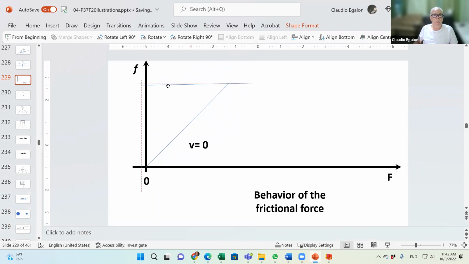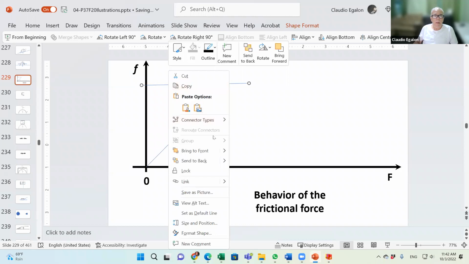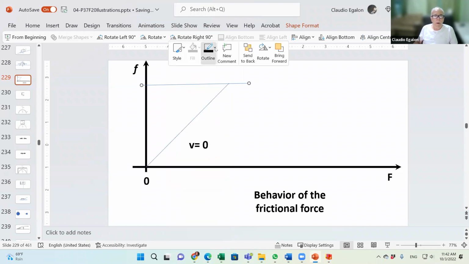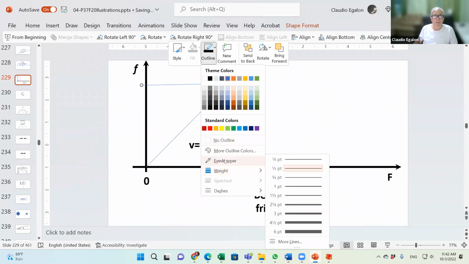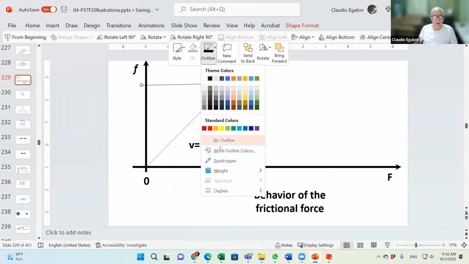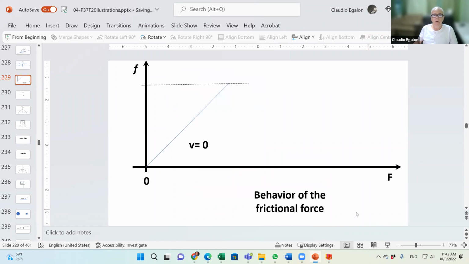Okay. You have to remember this behavior of the force of static friction, okay? Here you go.